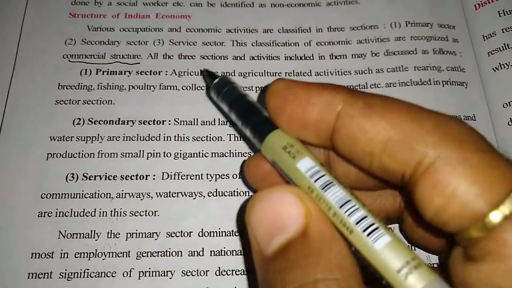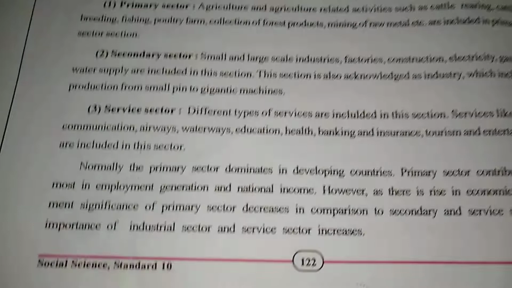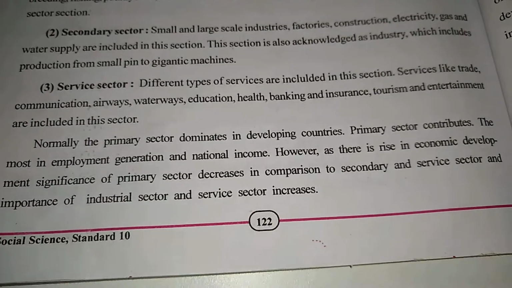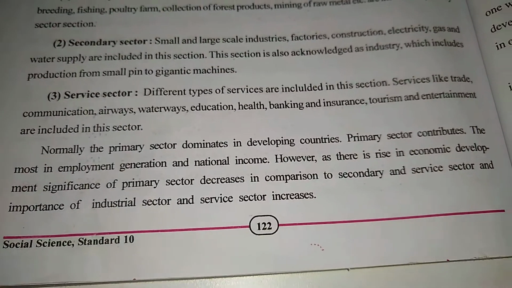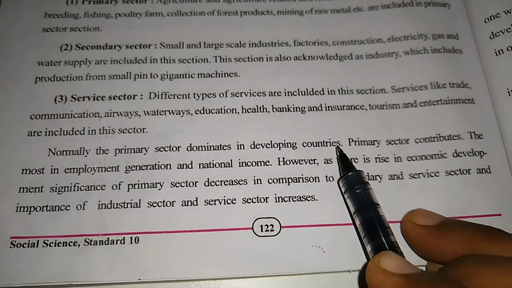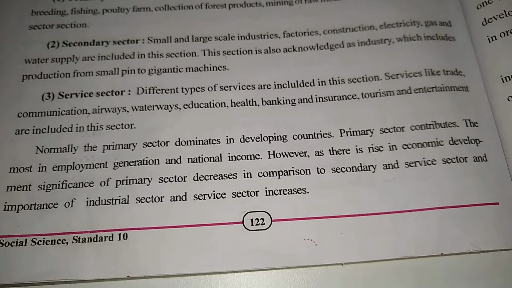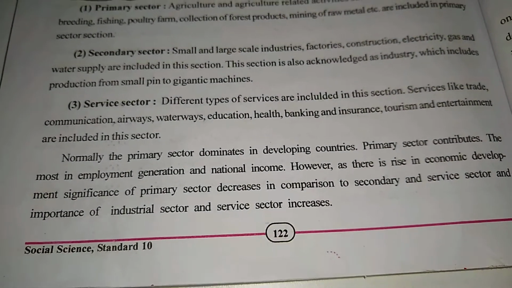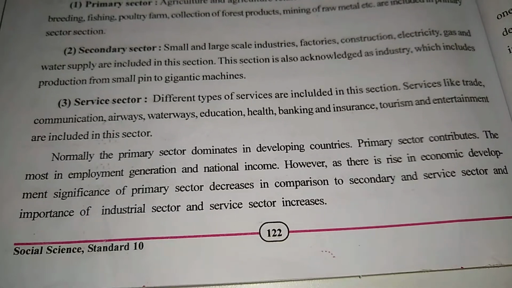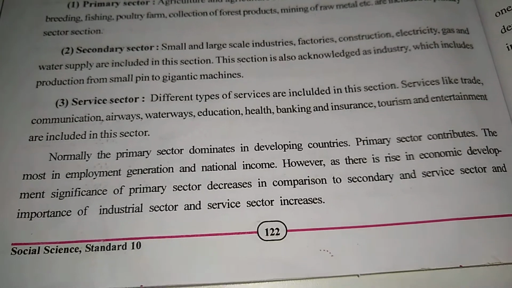I hope you understand all these three. Now, normally what happens? See, important paragraph. Normally, the primary sector dominates in developing countries. In those countries where development work is going on, the primary sector is dominating. The ratio of the primary sector is very high.